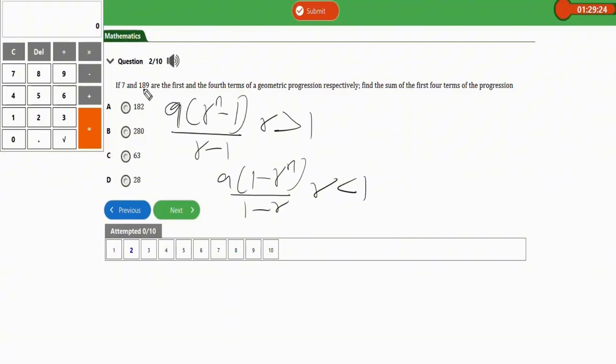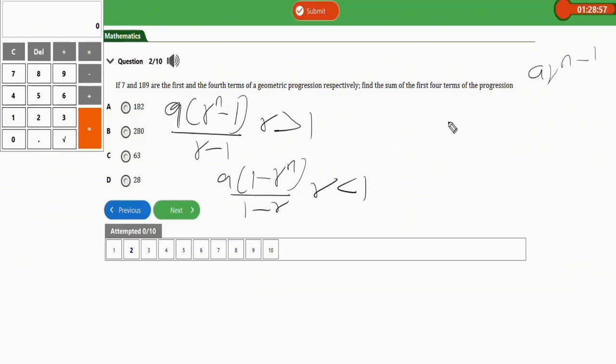The first term is 7, and we have the fourth term. Let's get the common ratio. To do this, we remember the general formula for finding the nth term of a geometric progression, which is ar^(n minus 1).